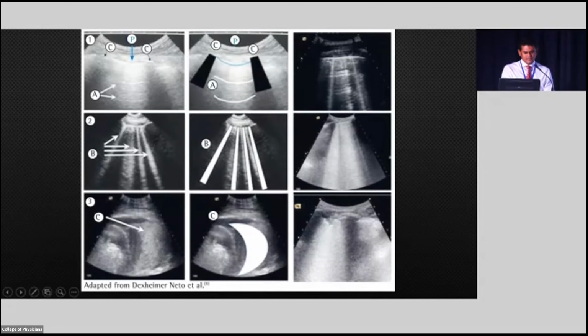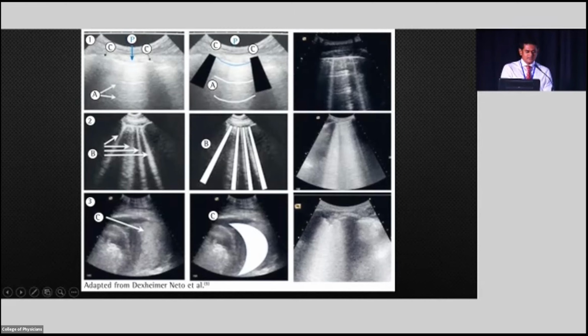So this is the pleura, the blue line, and the reflection of the line you see in the monitor. Those are called the A lines. So these are normal. So it's a reflection. And if you see, these are called comet tails or B lines, extending from the pleura, going down towards the mediastinum.